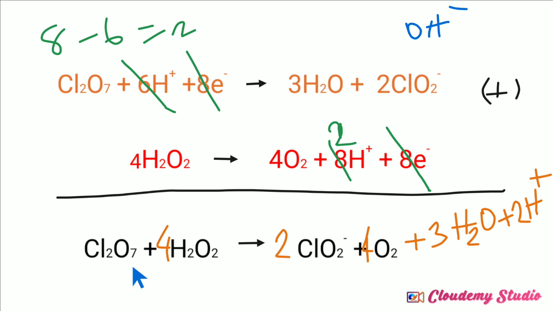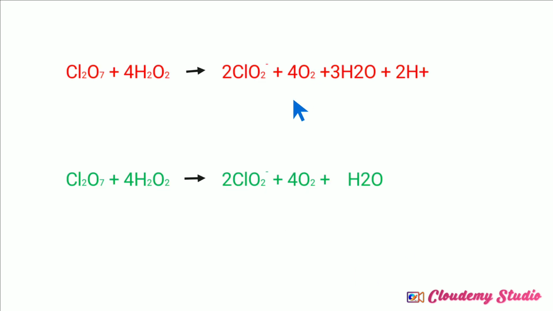Here 2 H plus is there, therefore to this equation we need to add hydroxide ions on both the sides of the equation.